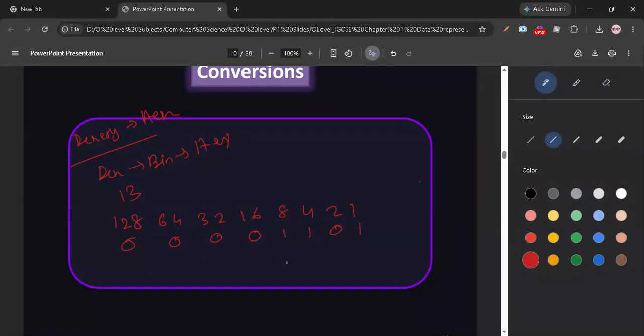We are going to split it in half: 0, 0, 0, 0, then 1, 1, 0, 1. So 8, 4, 2, 1. So it comes as 0. Then 8, 4, 2, 1: 8 plus 4 is 12, plus 1 is 13. So 13 is what? D. So it will be 0D, which is hexadecimal.